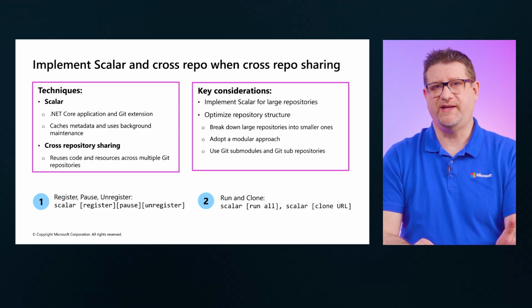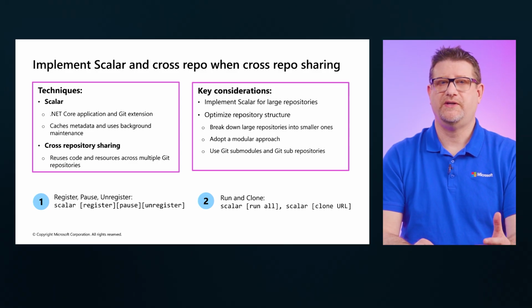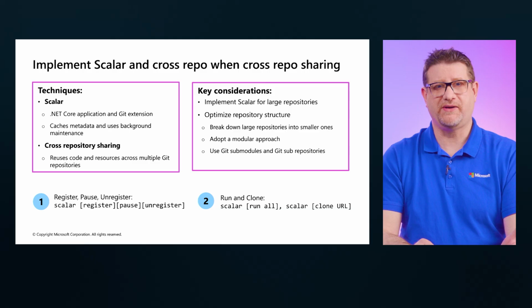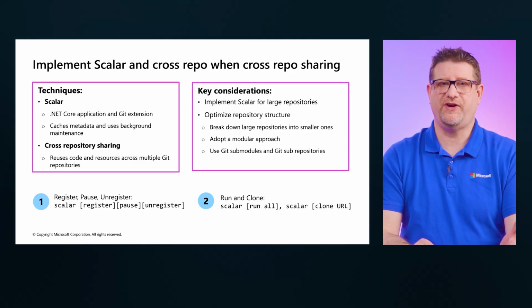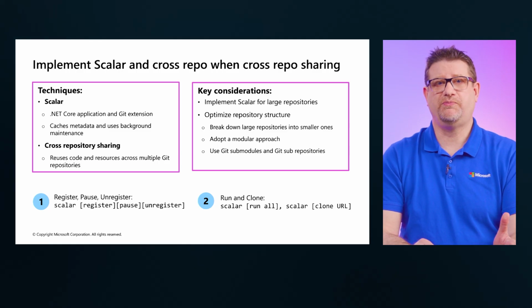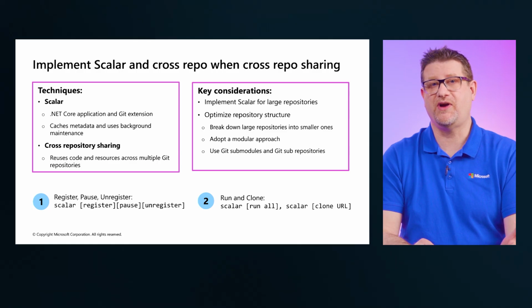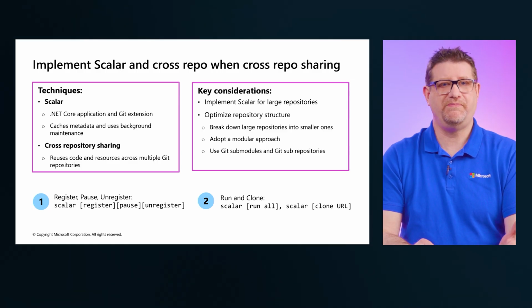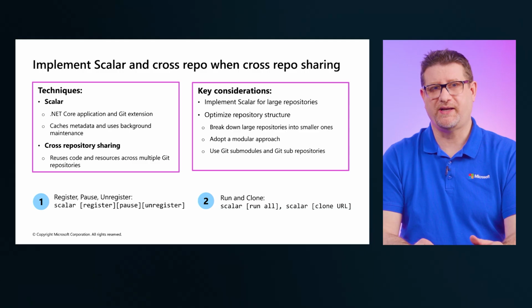Scalar is a .NET Core application and Git extension designed to optimize performance when working with very large repositories. Scalar caches metadata and uses background maintenance to accelerate Git commands, making operations like cloning, fetching, and logging much faster. Key features include partial clone, which reduces the initial download size, background prefetch, sparse checkout, file system monitoring, commit graph acceleration, multi-pack index, and incremental repack.